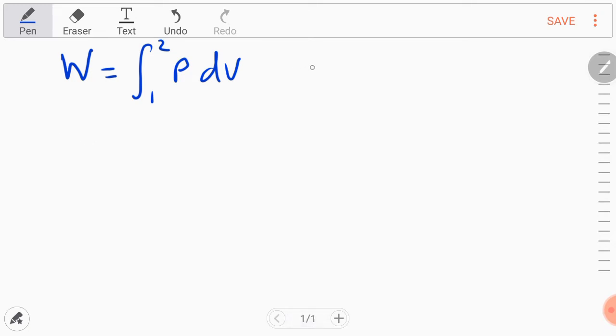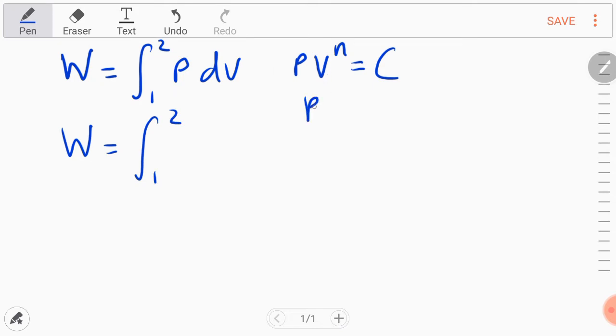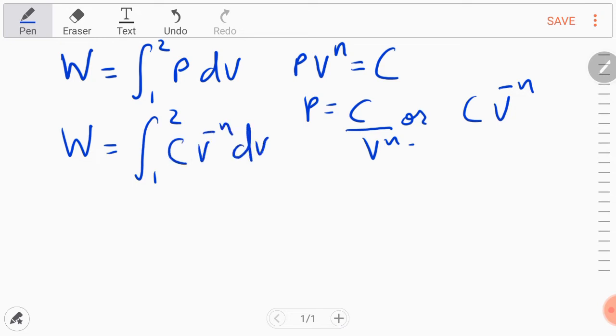Here in this case the equation is PV^n = C. Now we replace P is equal to C upon V power n, or C V^(-n). The variable V goes to the numerator, the power goes in the minus form. So we can directly write this as V^(-n) dV. Now C is a constant, it goes outside.